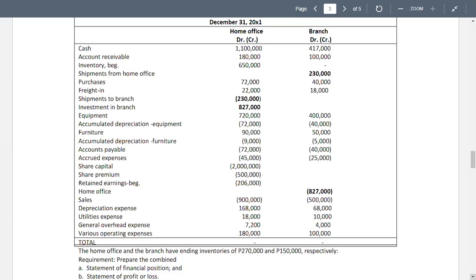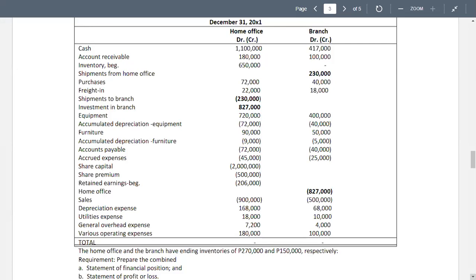Next, you proceed to the elimination column. Take note that in the elimination column, you have only one column, but all the debits extend there and all the credits extend in parentheses. Okay, so we now begin with entry letter A, debit to home office, and credit to investment in branch. So extend in line with the home office account.